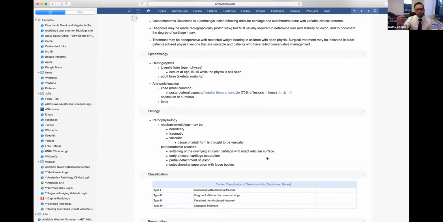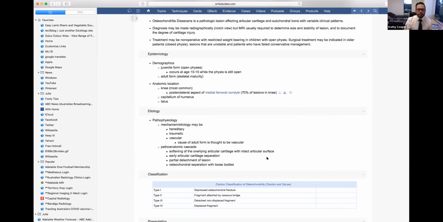What we see is the cartilage starts to soften over the top of the avascular bone, and it's essentially a race to get this bone to heal so that the cartilage remains intact over the top.